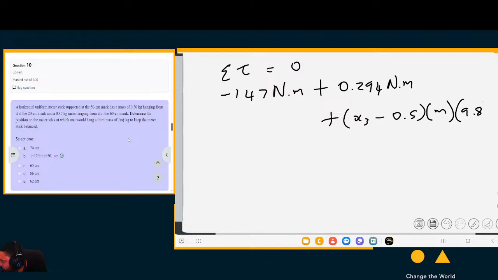This is exactly the same as we did the others, now for torque 3. This is the unknown torque.